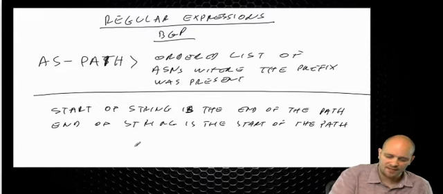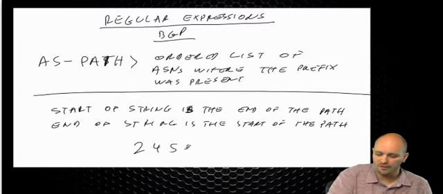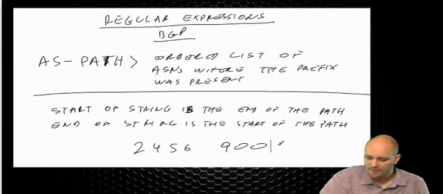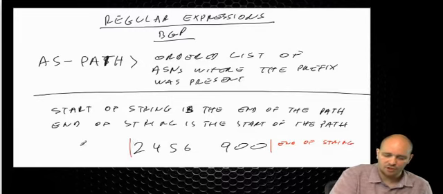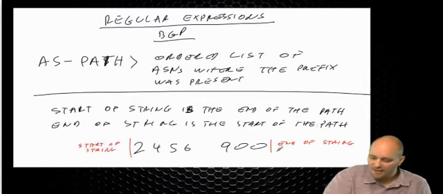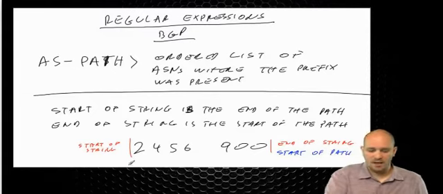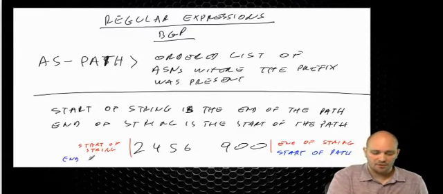So in our case, where we had 2, 4, 5, 6, 900, this here is the end of string. This here is start of string. But this here is actually start of path. And this here is actually end of path.